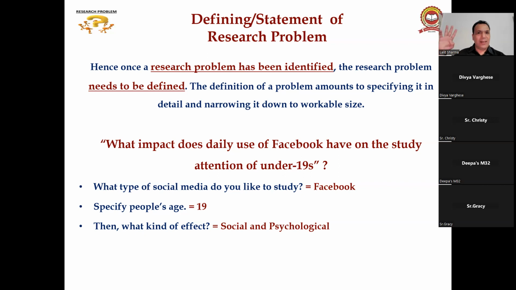Only Facebook. And people of age 19, we will select adolescents, any of the classes 8th, 9th, 10th. We will not select kids or adults. This is defining. And what kind of impact you want to study: social and psychological impact. This is very clear.